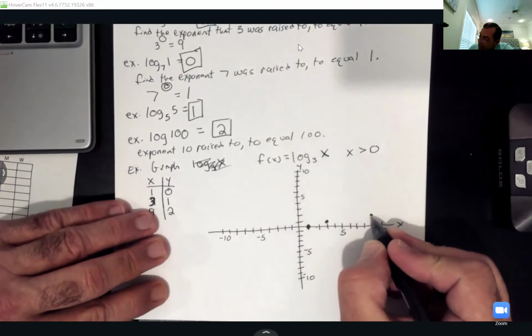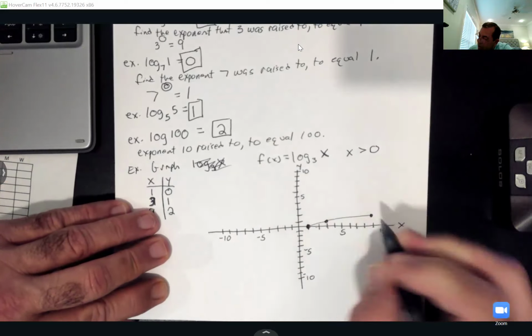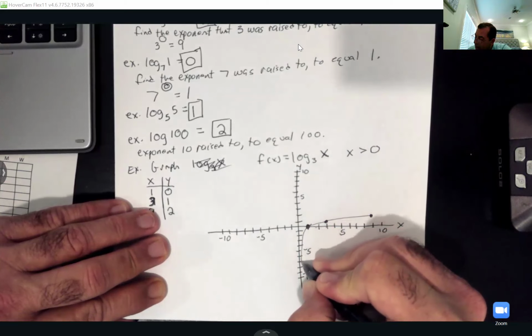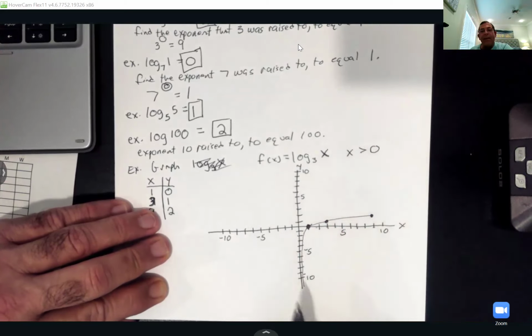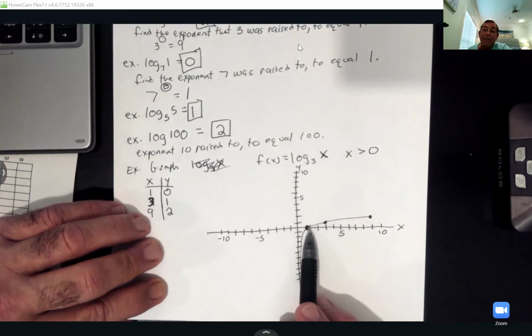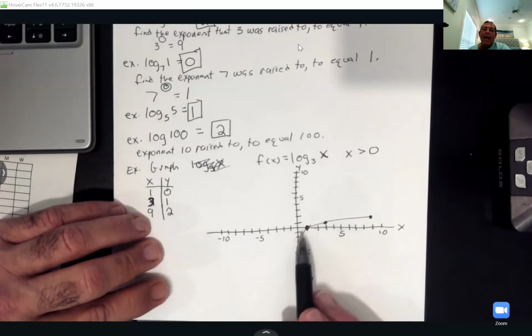Now on this left side, these will come down. It's going to cross at 1, 0. And then this graph is going to come down and make an asymptote with that y-axis. So it's like a vertical asymptote with the y-axis, okay?